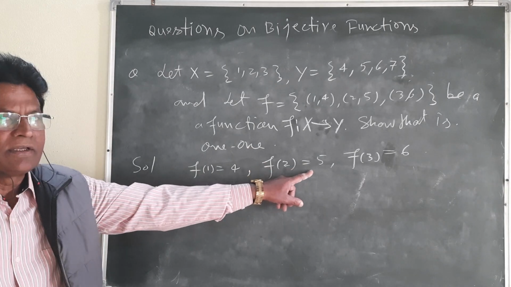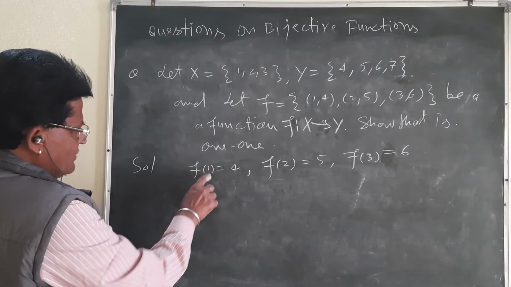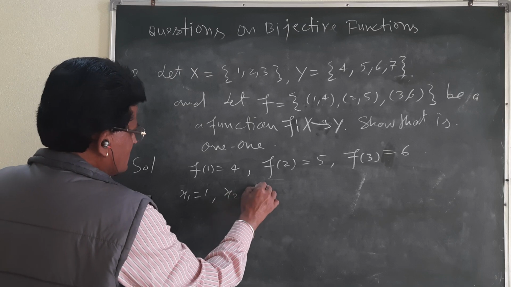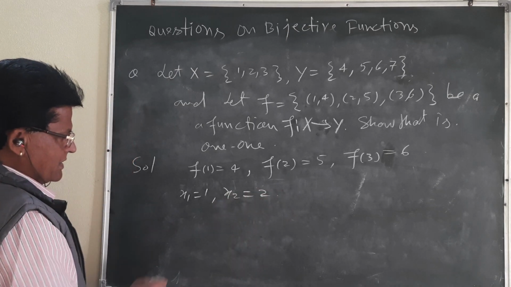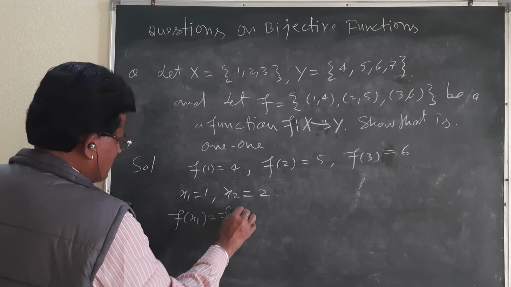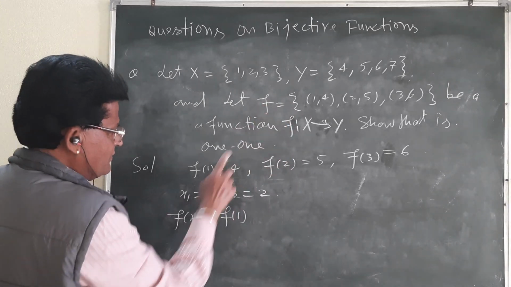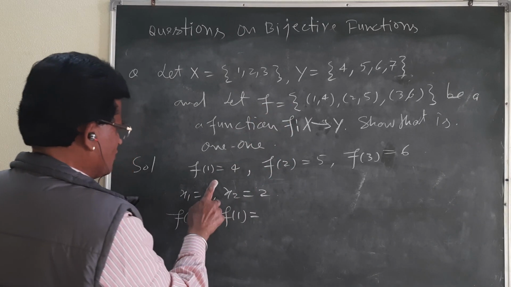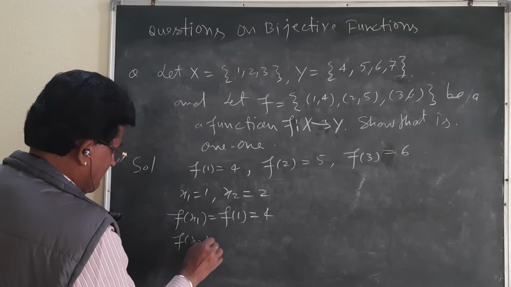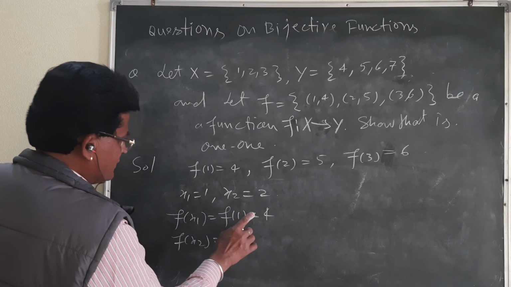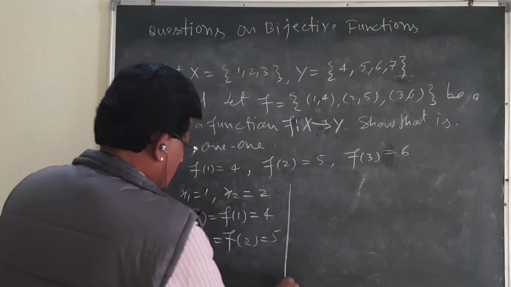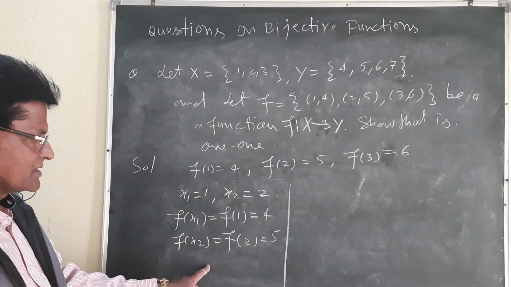Dear student, take x1 as 1 and x2 as 2. Then what happened? f(x1) is f(1), from the given function, and f(1) is 4. And f(x2) will be equal to f(2), that is 5.